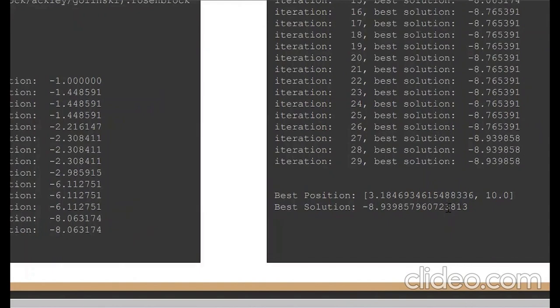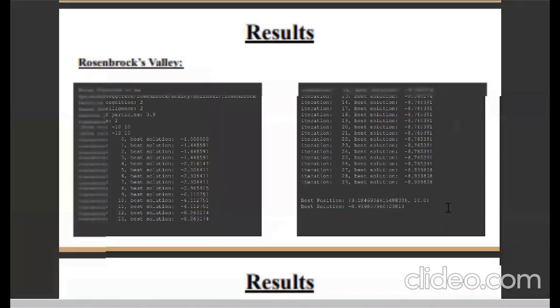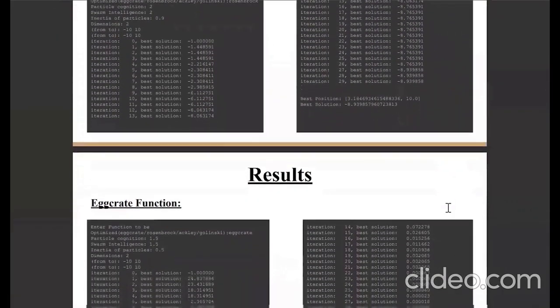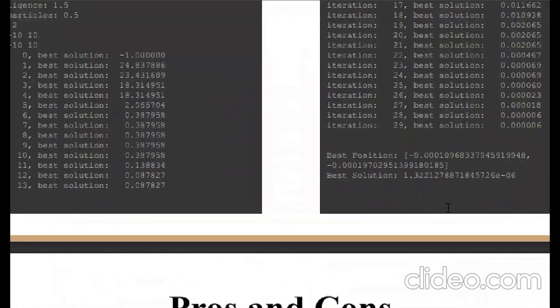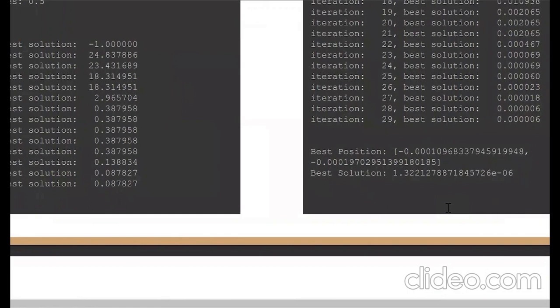Now, as we discussed earlier, the global minima should have been at 1,1, since the values of A and B are 1 and 10. Since it's 3,10, there is more scope of improvement in our algorithm. And for the Ackley function, our best position is at minus 0.0010 and minus 0.0019, and the functional value is 1.322.